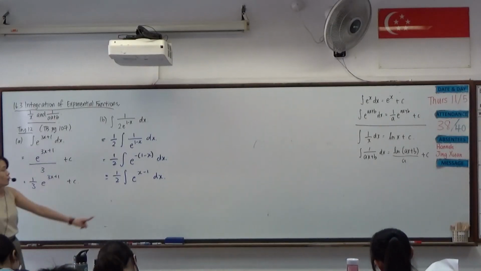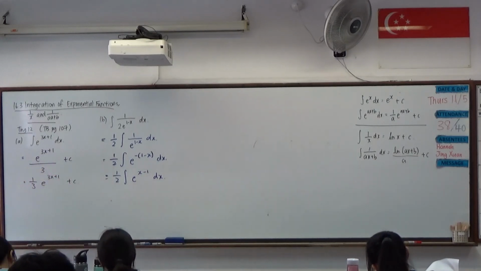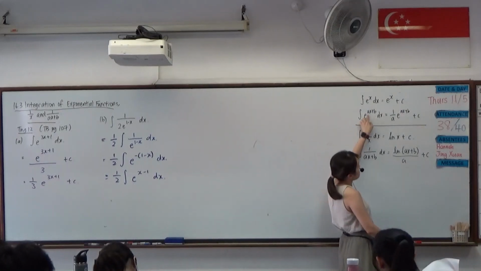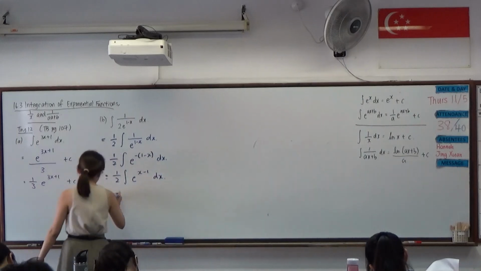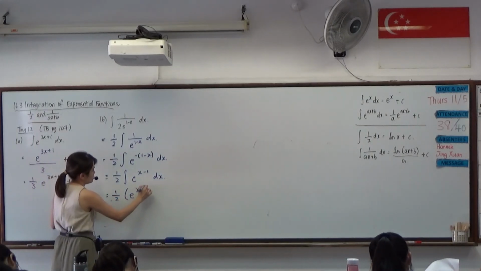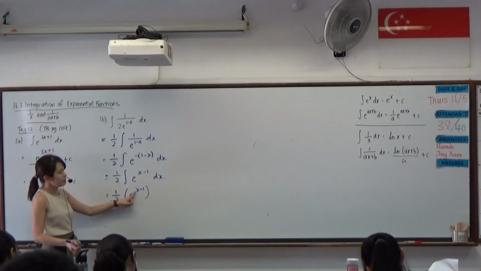So we see that we're trying to integrate an exponential function. The power is a linear function in the ax plus b form. So we follow this rule and the half stays outside. e to the power x minus 1. We will divide by 1, because the coefficient of x is 1.